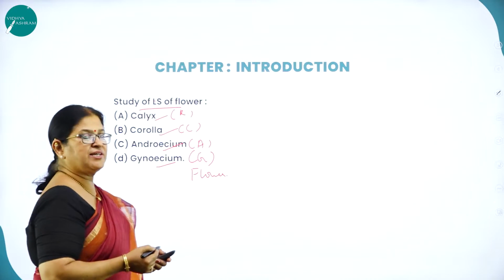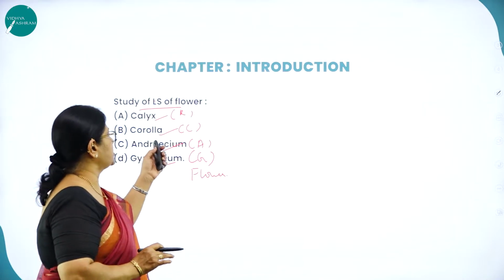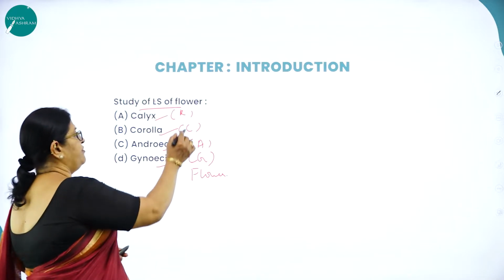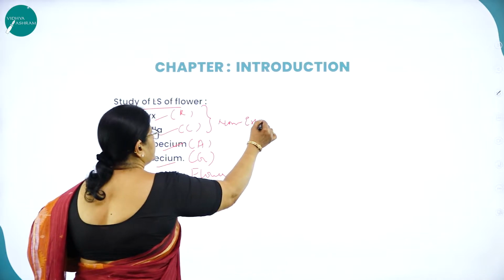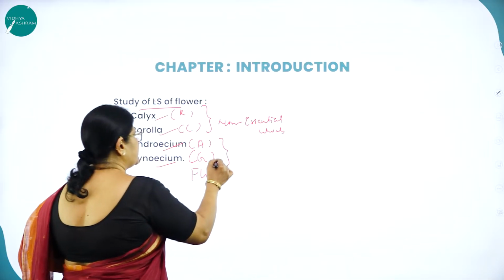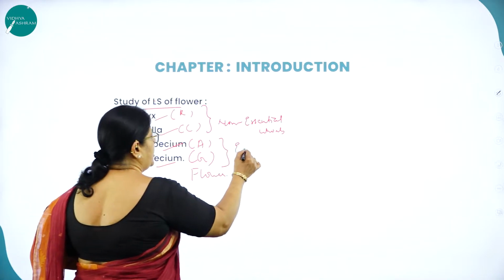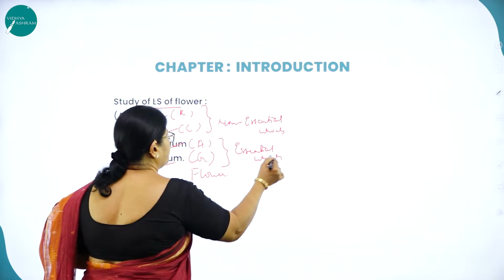So when we study the structure of a flower, 4 very important parts are calyx, corolla, androecium and gynoecium, where calyx and corolla are called non-essential whorls, whereas androecium and gynoecium are called essential whorls of a flower.